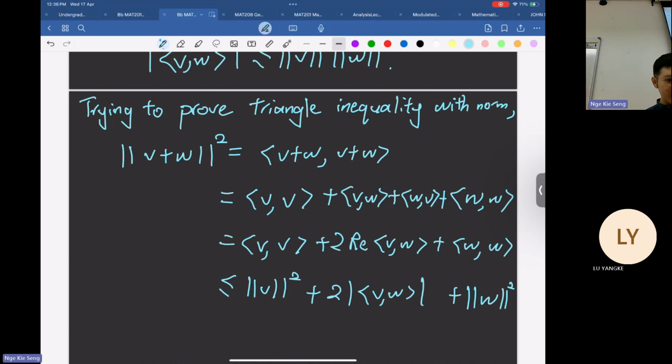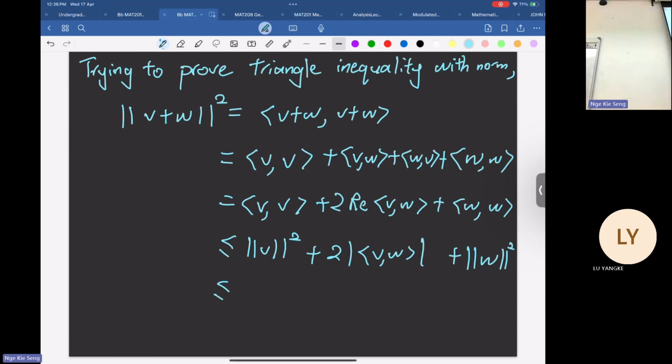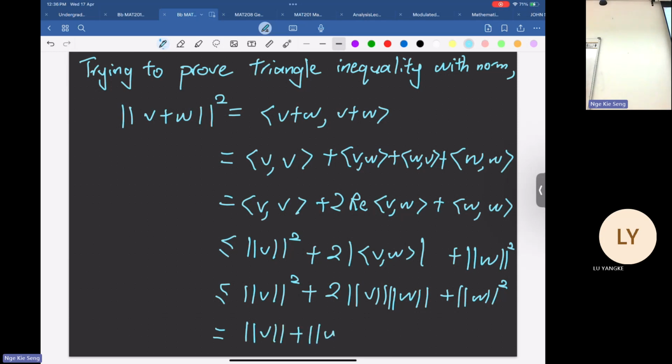But from the Cauchy-Schwarz inequality, the real part is less than the product of the norms of v and w. And this is just the norm of v plus the norm of w, squared. If you take the square root on both sides, you get the triangle inequality. So the triangle inequality is a result of the Cauchy-Schwarz inequality.